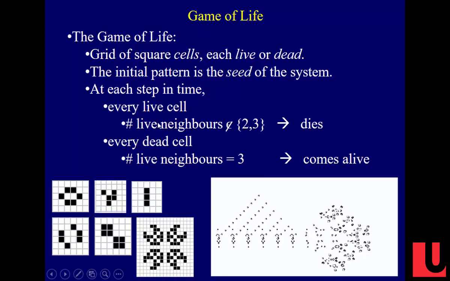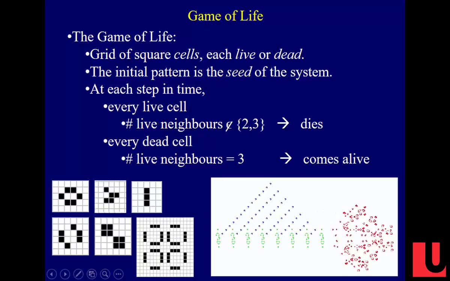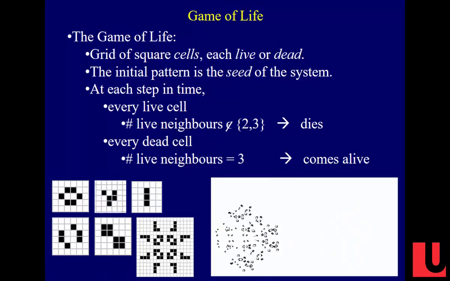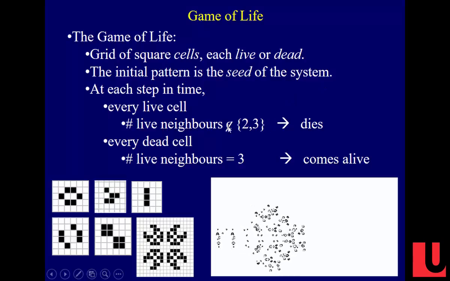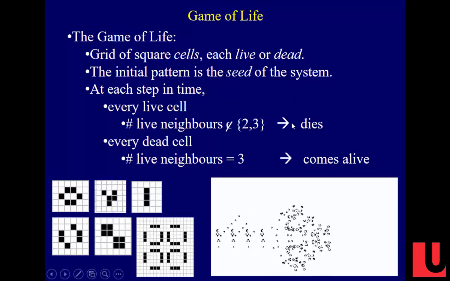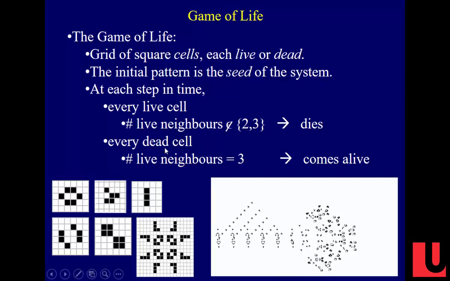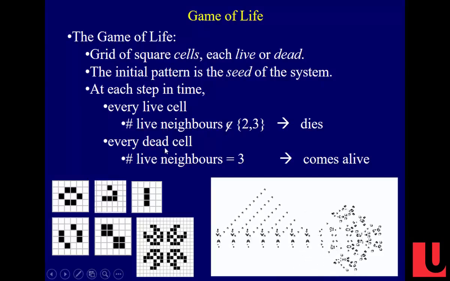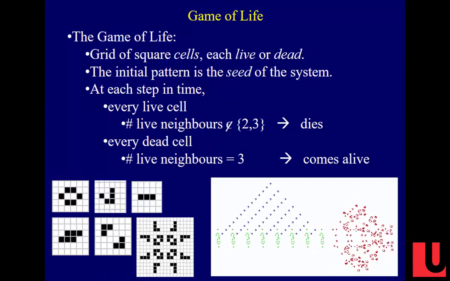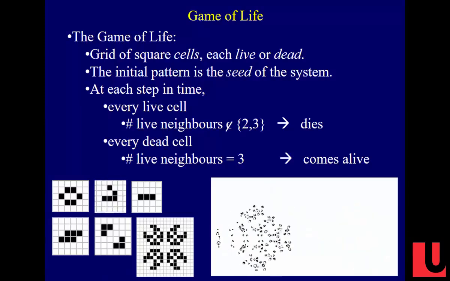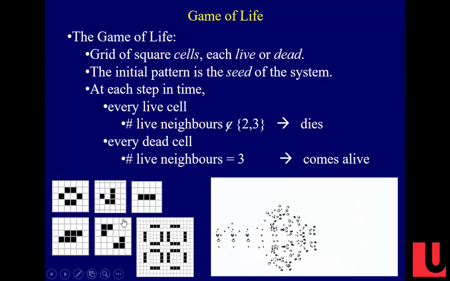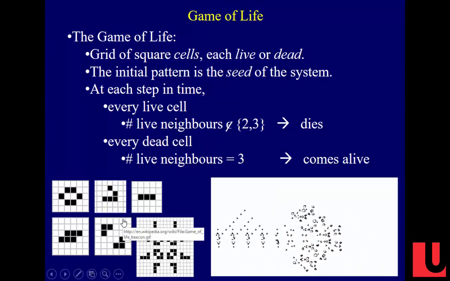I look at my neighbors, and if the number of live neighbors is not 2 or 3, then I die. There's also a rule, based on my neighbors, for whether I come alive, and a rule for when I die. Some simple rules, and based on the rules, it moves along.